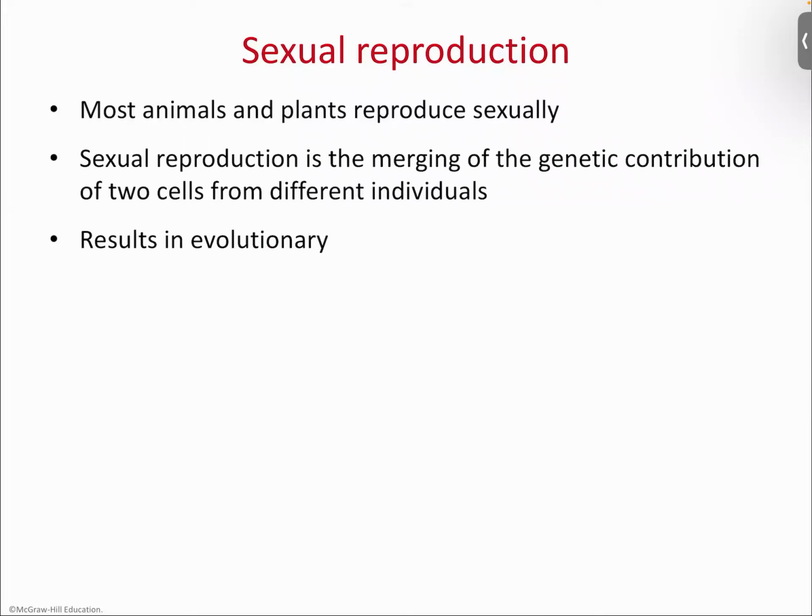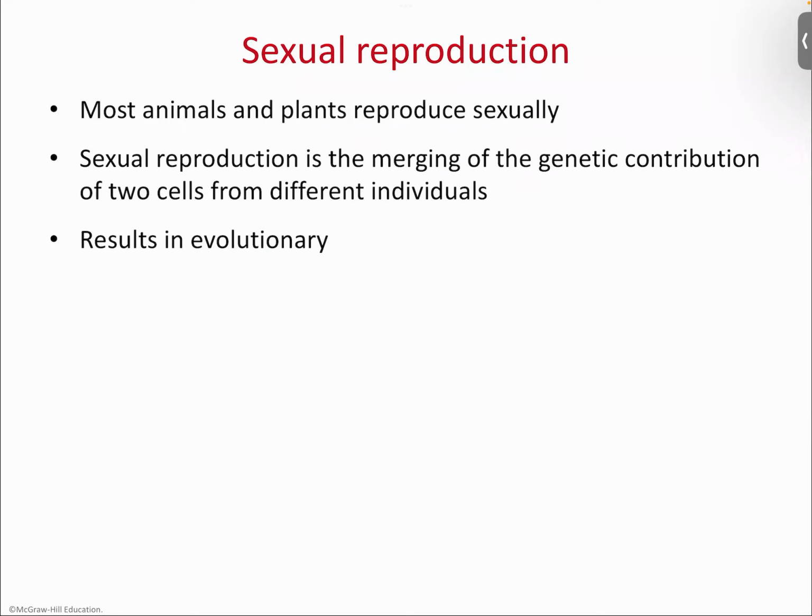Okay, so when we take a look at sexual reproduction, the name of the game is variation, right? So essentially we're going to be going through genetic information that is coming from two different individuals, mom and dad, right? And this basically results in genetics, which in the short term is just basically genetics. That's like chapter 12, we're studying genetics. But in the long term it is evolution, right?